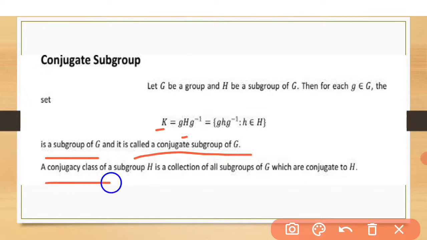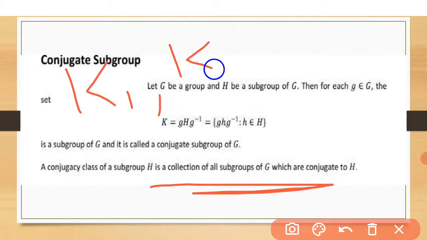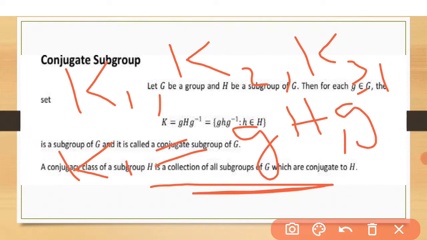So the conjugacy class of subgroup H is the collection of all subgroups of G which are conjugate to H. What does it mean? For example, K1 is a subgroup, K2 is a subgroup, K3 is a subgroup, and so on, and we take K1 by g H1 g inverse.